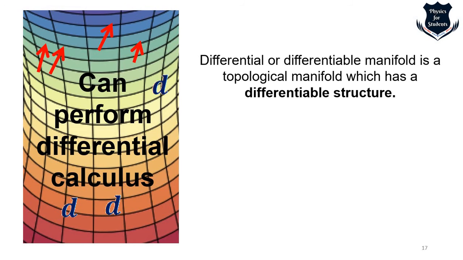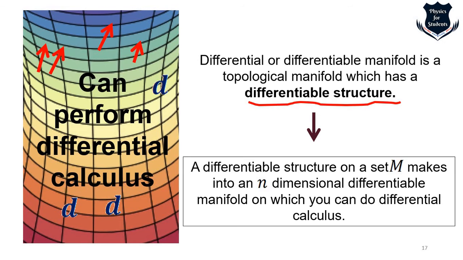Now if we want to define what is a differentiable structure, I can define it like this. A differentiable structure on a set M makes it into an n-dimensional differentiable manifold on which we can do differential calculus, right? So a differentiable manifold has a differentiable structure and on it we can perform calculus or differential calculus.